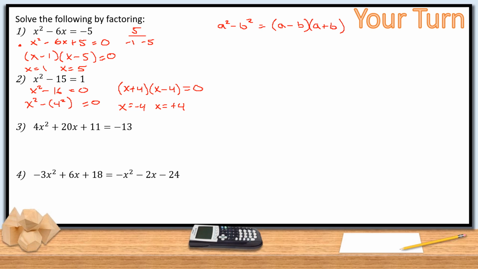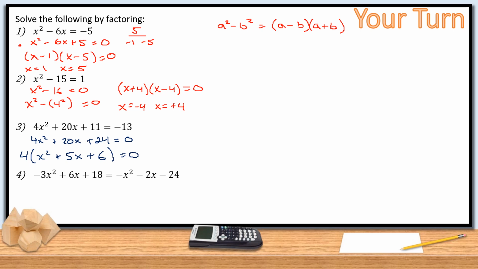All right, number 3, we've got an a value greater than 1, so we're going to have a little bit more work to do in this one. Let's add 13 to both sides. So we're going to get 4x squared plus 20x, add 13 to both sides, so we're going to have plus 24 equals 0. Factor out the 4, so everything's going to divide by 4. We're going to have 4 times x squared plus 5x plus 6 equals 0.